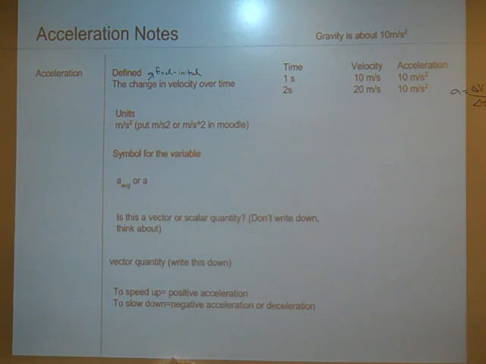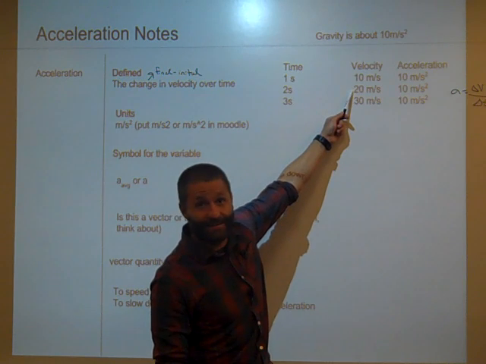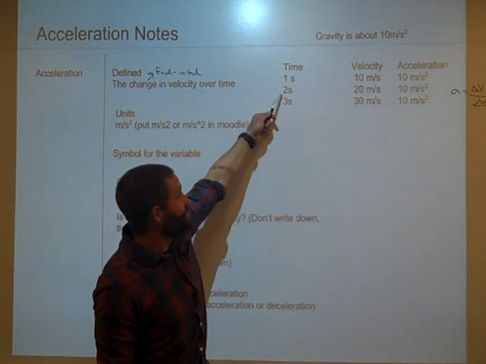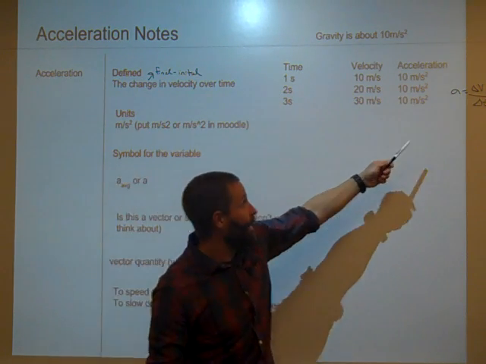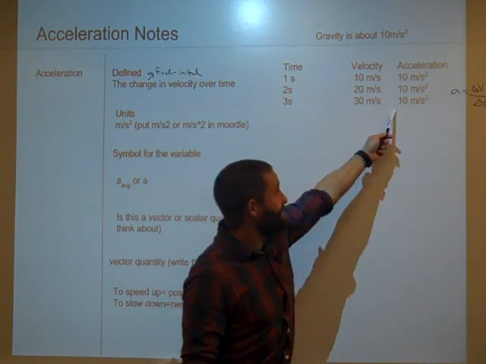So when I say I accelerate, my acceleration is staying constant, but I'm still speeding up. That's what accelerate means. So if after 3 seconds I'm going 30 meters per second, well, guess what? 30 minus 20 is 10. 3 minus 2 is 1. 10 divided by 1 is 10.